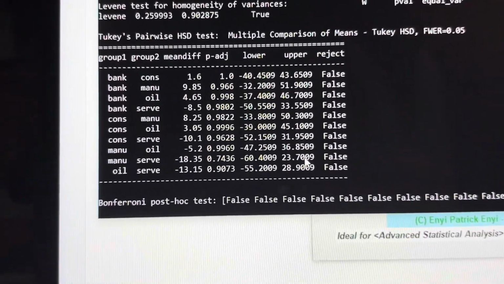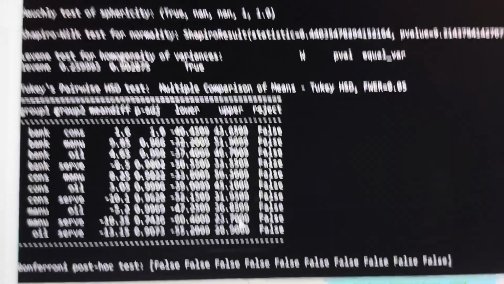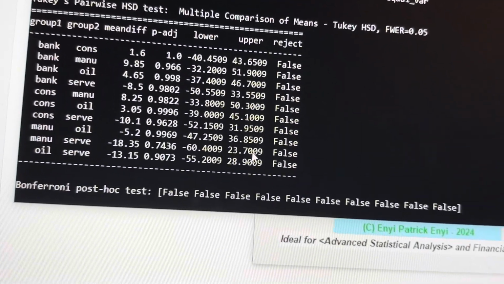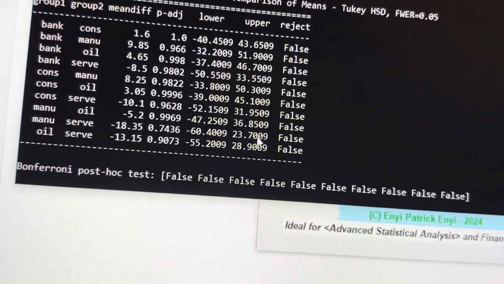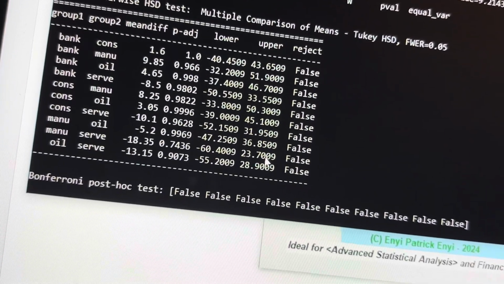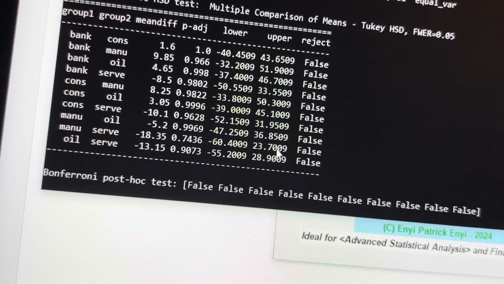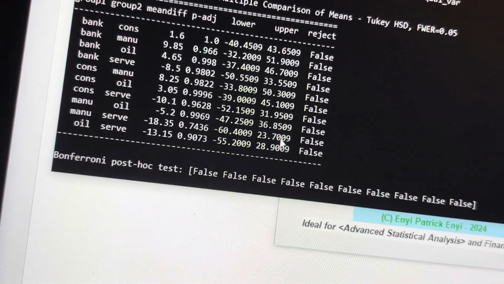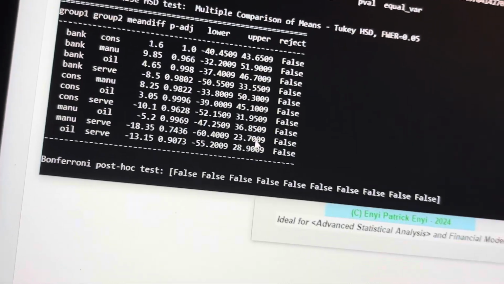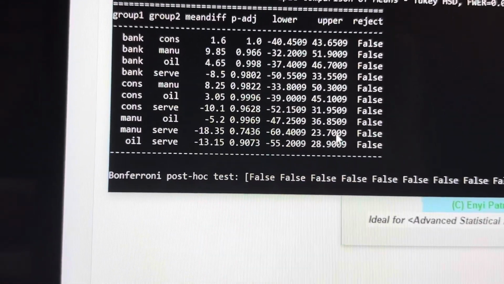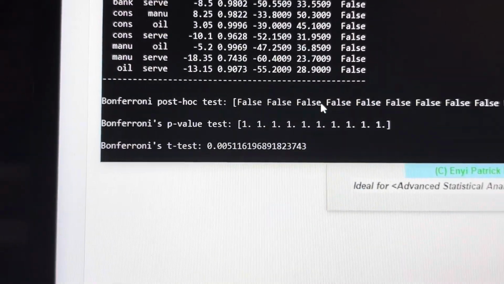So we accept the null hypothesis because under reject it is set false. So you can see that when you look at the group and their mean difference and probability adjustment, you see the figures there.